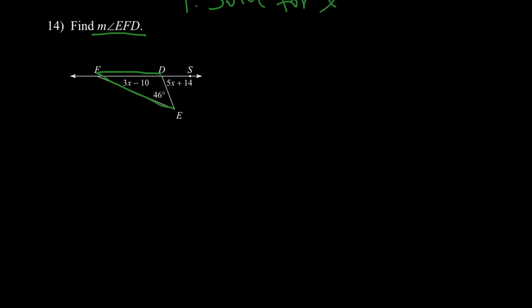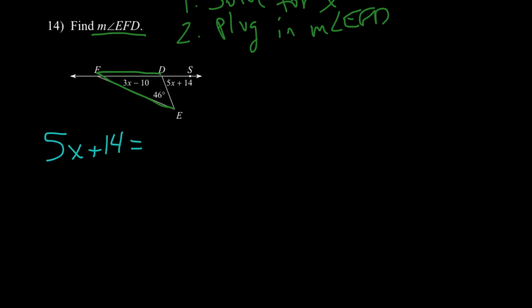As soon as I solve for x, then I plug it in for the measure of EFD, and then I solve from there. But again, I have an exterior angle, and so I know that 5x plus 14 is equal to the two angles it does not touch added together. So 3x minus 10 plus 46.